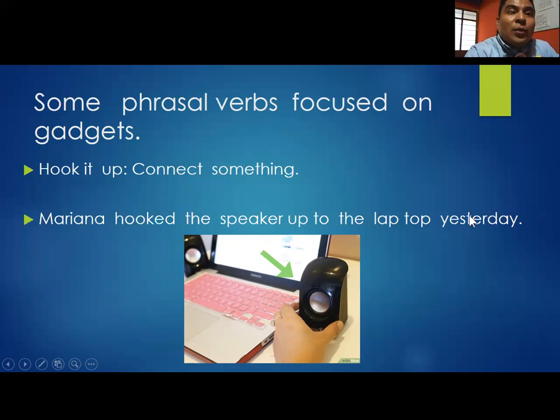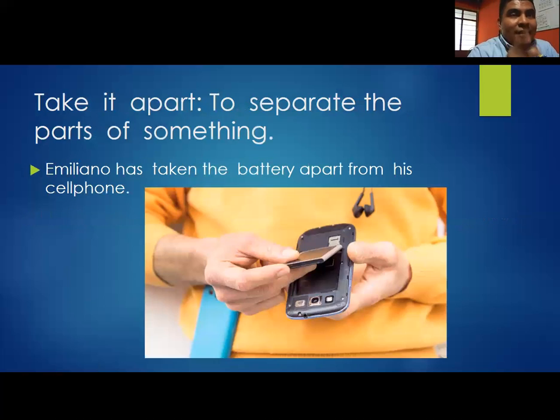Here is the clue. If I am referring to the past, I'm going to use the phrasal verb in the past too. Okay? So then just focus on that. If you refer to the past, please change the phrasal verb to the past form. Okay? For example, take it apart, to separate the parts of something.